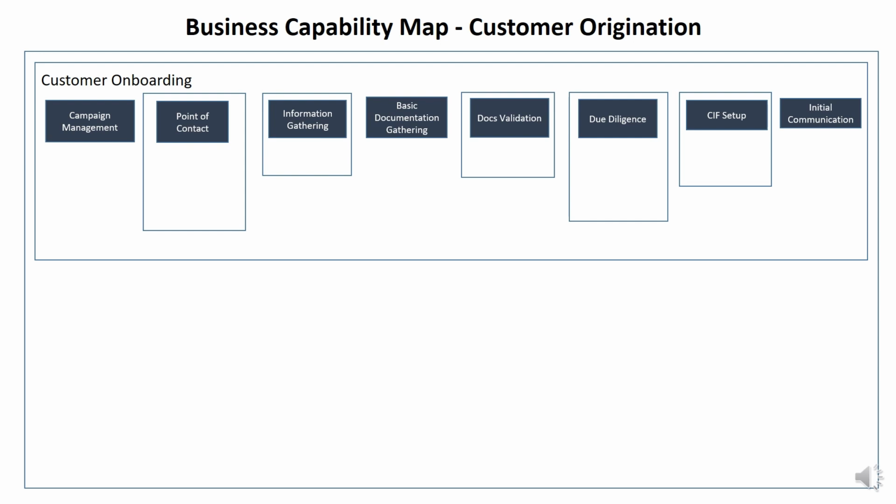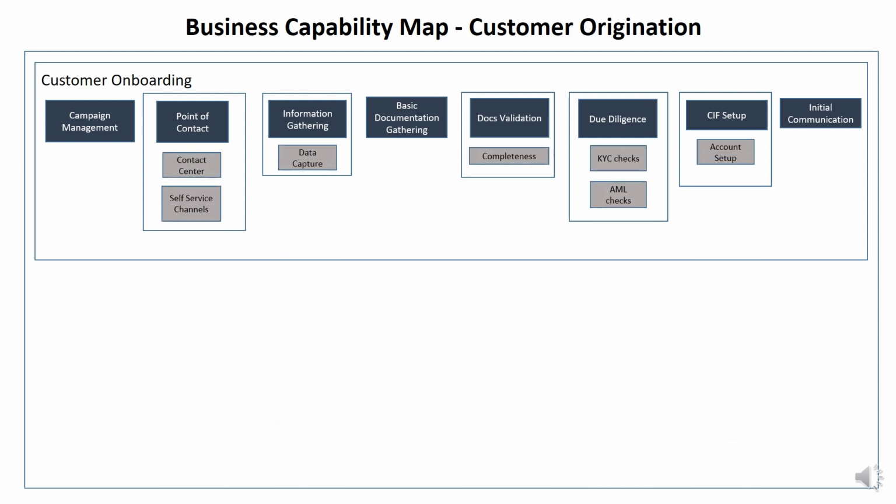And underneath these, we have the processes which support the business capability. So we have contact center and self-service channels to support the point of contact. We have KYC checks and AML checks to do the due diligence. So this is how the entire business capability mapping has its entire range.